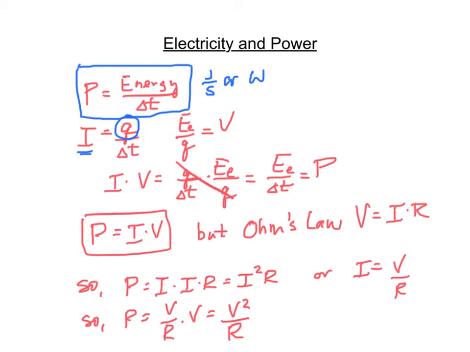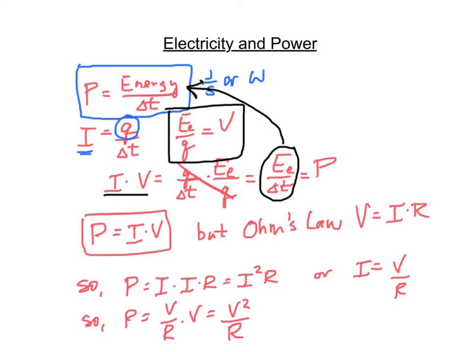Q is going to be a lot of electrons in that sense. Voltage, you probably don't need to know this, but I'm just showing you for reference, is that V, or voltage, electric potential as it's sometimes called, is electrical energy per unit of charge. Don't write that down. It's just part of the derivation for power, so you can see where power comes from. If I multiply I times V, notice that the Q's cancel out and I get energy per unit of time, which is exactly what power is.